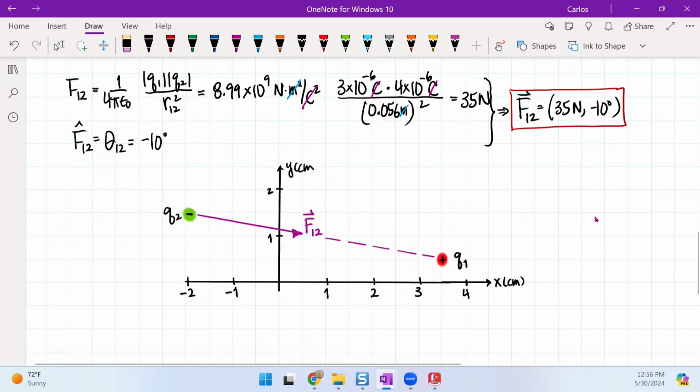The magnitude of the force here has a value of 35 newtons. So when I look at the angle, it has to be in that third quadrant. We can see that the angle between here and here is 10 degrees.